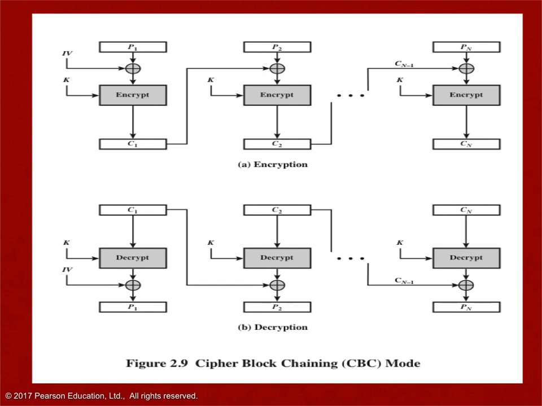Before we encrypt the plaintext directly, we get the ciphertext from the previous block and XOR it, to again increase the unpredictability of the plaintext.